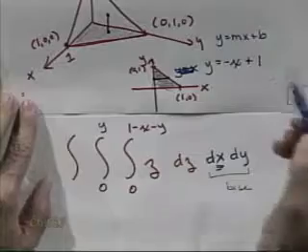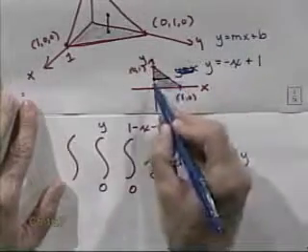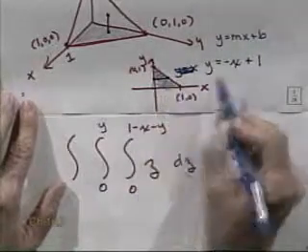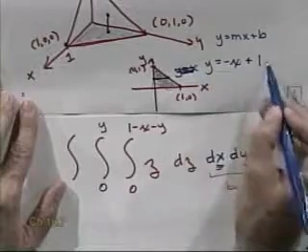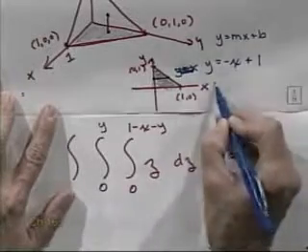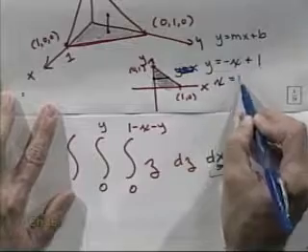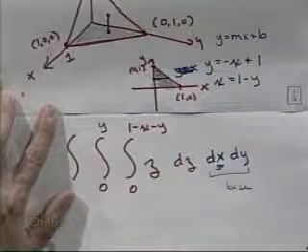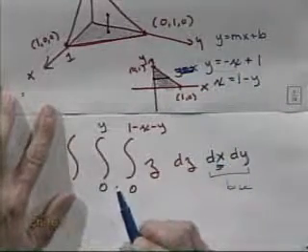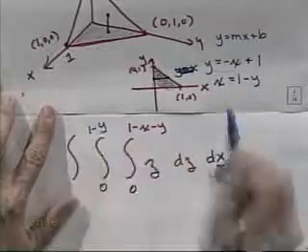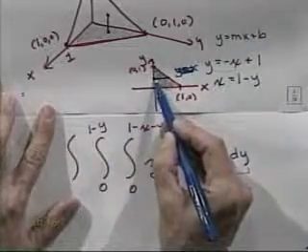So we're going to be integrating from x equals 0 to this line, but I've got to take this line and solve for x. So if I add x on this side and subtract y, I get x equals 1 minus y. Are we all okay? Because if I take an arbitrary point in the region, what is x ranging from?